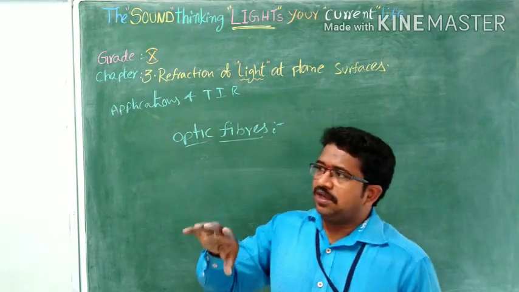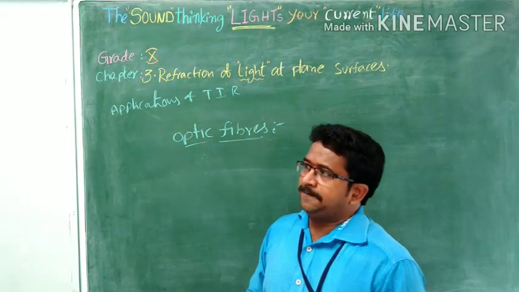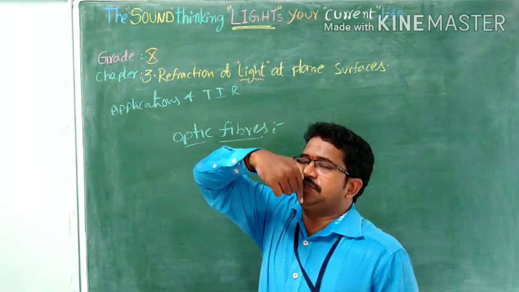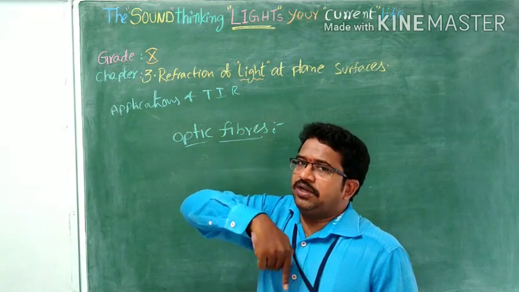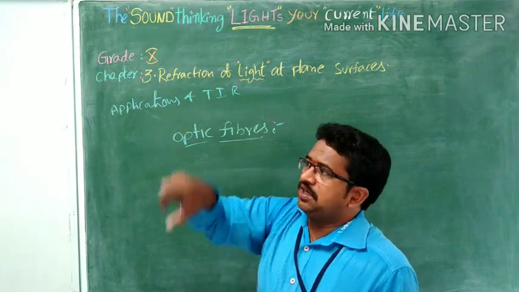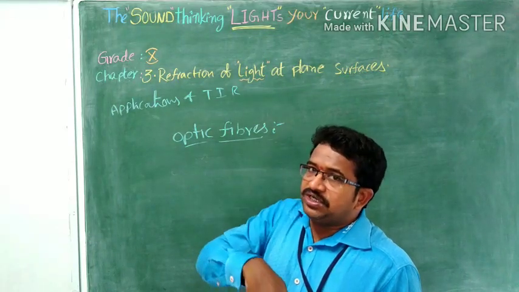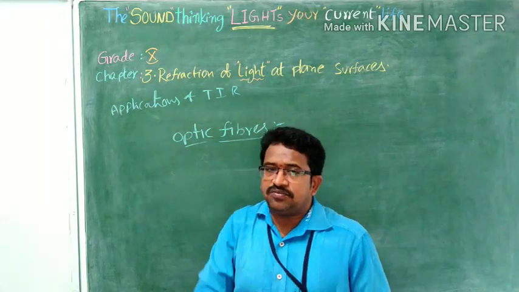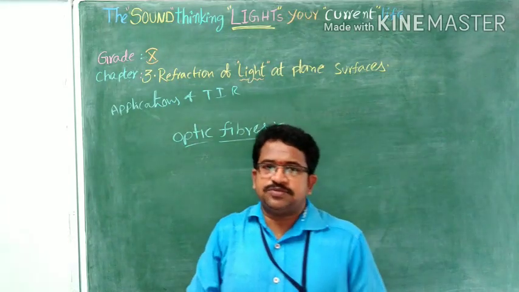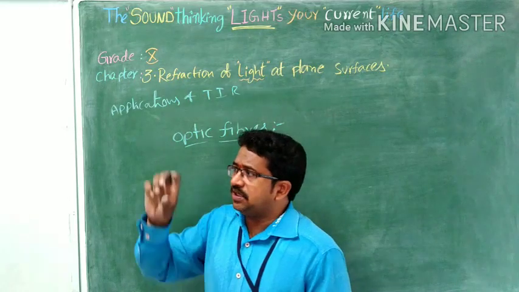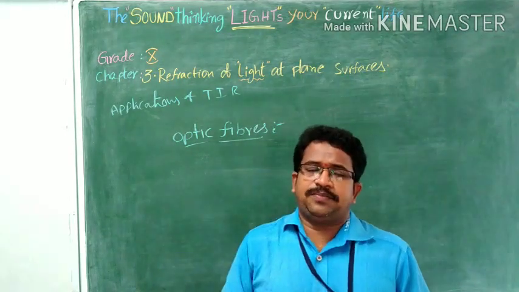You can easily observe what is going on inside. When the endoscope tube moves into the intestines, it captures the picture. On the screen you can observe where it is moving, how it is moving, what is there inside, whether any wounds or trouble are there in the intestines. All those things can be easily identified with the help of that pipe.